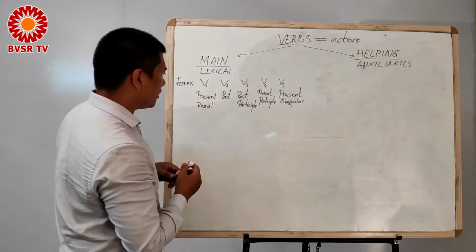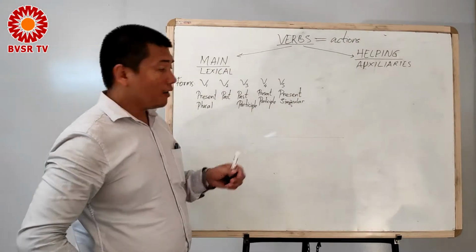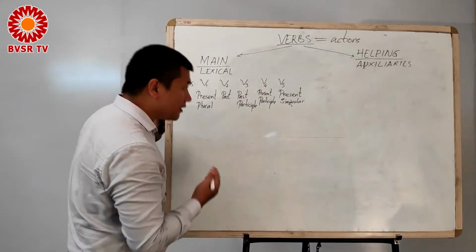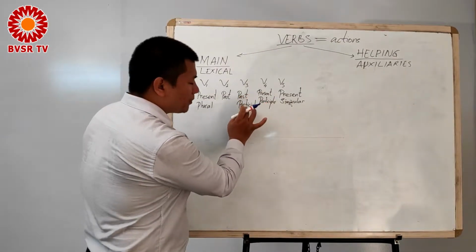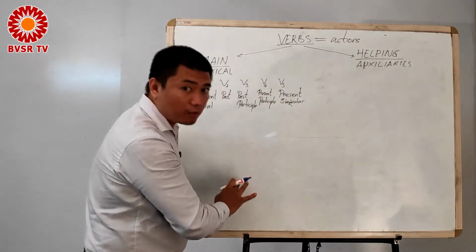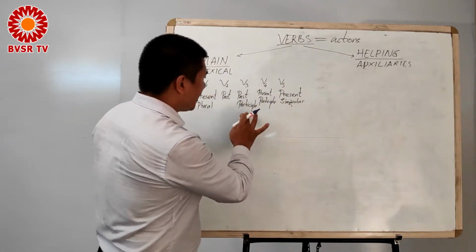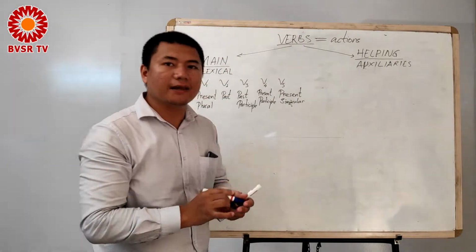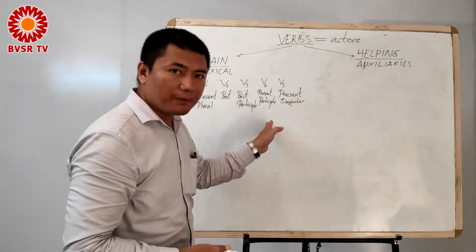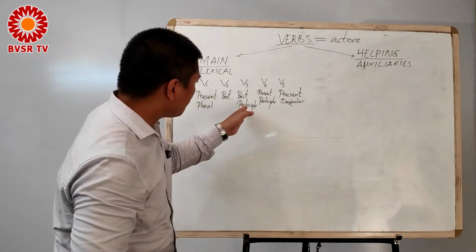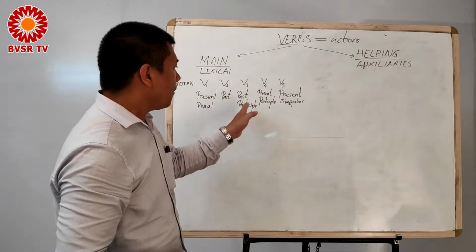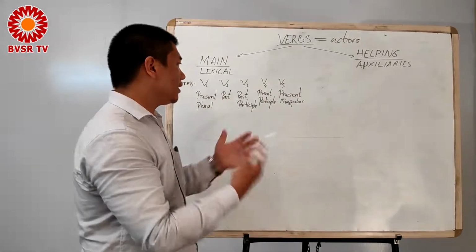Now guys, one thing to keep in mind here is that when I say past participle or present participle, it does not mean that every time the past participle will be in the past tense. No, that is not true, that's not a fact. And when I say present participle, it does not mean that every time it will be present tense. No, it can also be present or past. Both can be used in present or past.